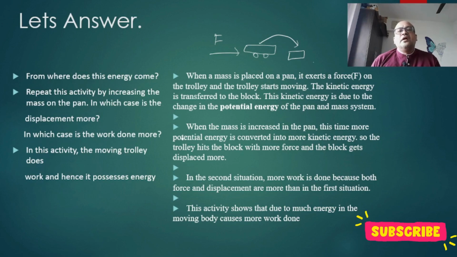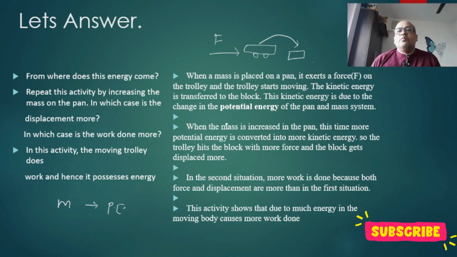Repeat the activity by increasing the mass on the pan. In which case is the displacement more? What do you feel? When will the displacement be more? When the mass will be more. When the mass is increased in the pan, this time more potential energy is converted into kinetic energy. Means mass is interdependent on potential energy.